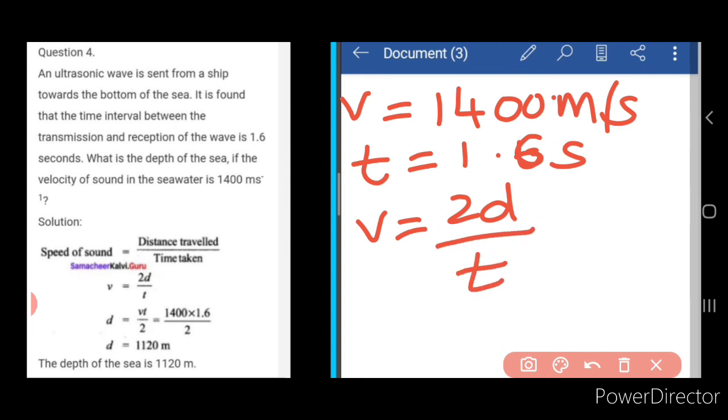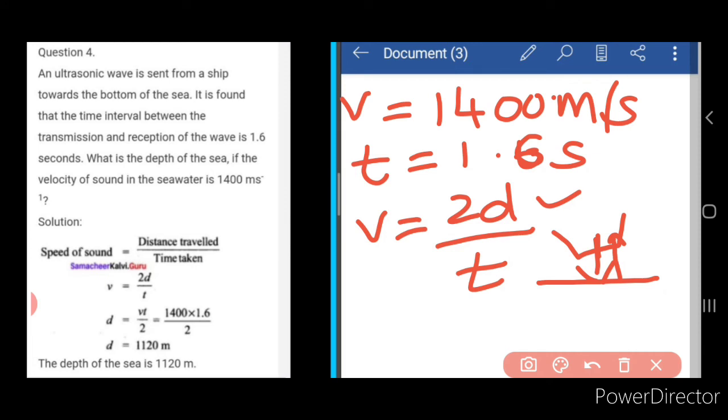Now here the speed of the sound V is to be calculated, and that can be taken as 2D divided by T. Now why are we taking 2D? Because it is based on the echo concept. Here the ship is sending the sound, and again this sound has to reach the ship, isn't it?